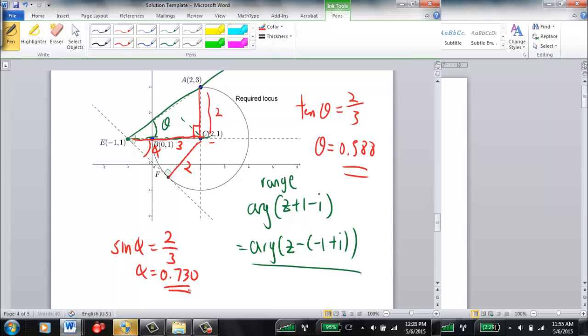Correct? But be careful, when you want to find the range, alpha is actually a negative value. Likewise, theta is always a positive value because it's measured with respect to the positive real axis.